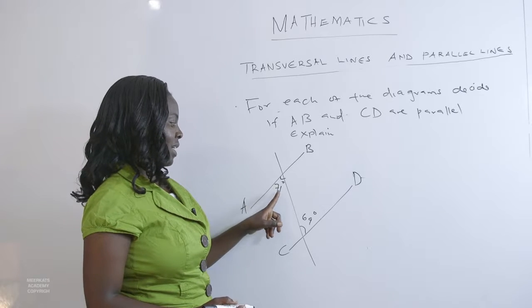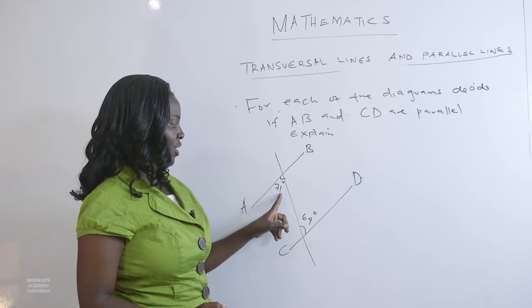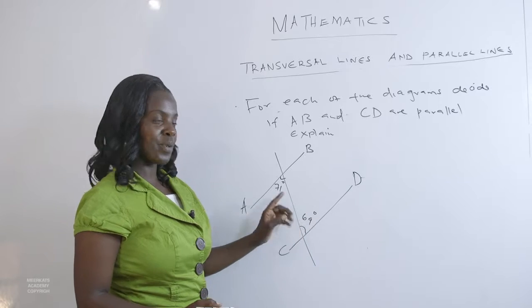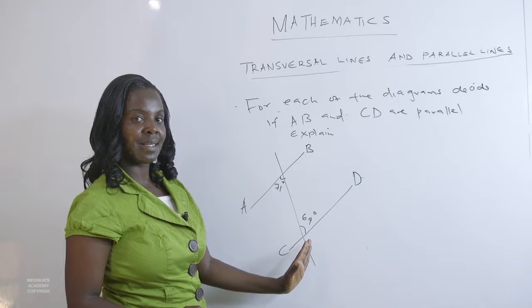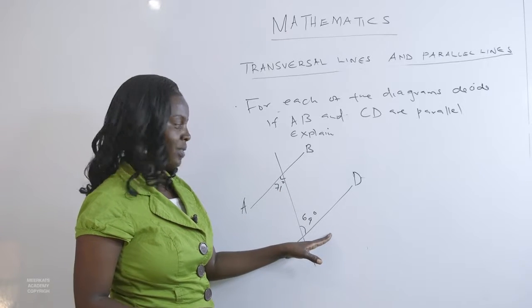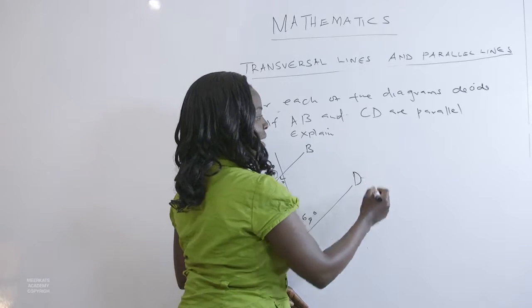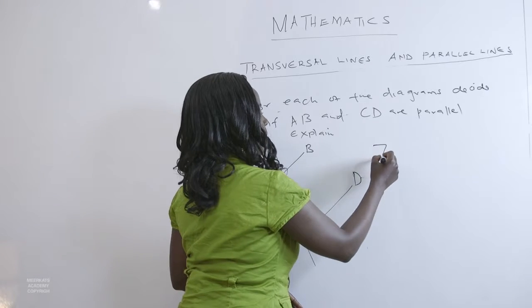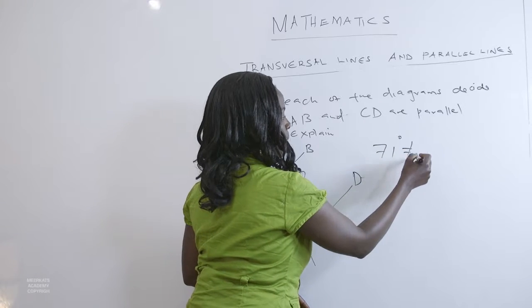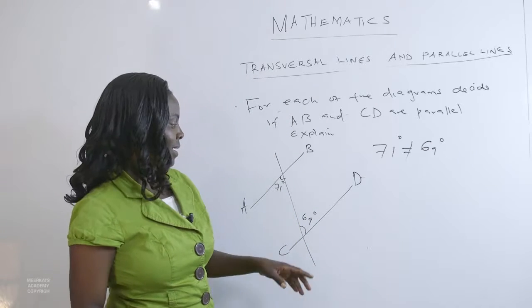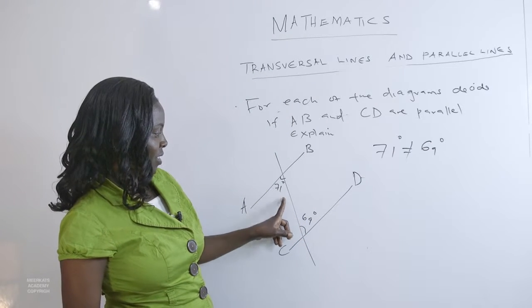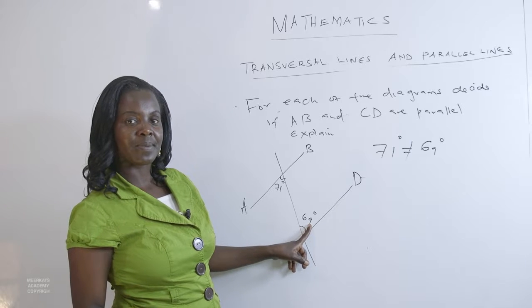Let's look at this angle and this angle here. What is their relationship? The angles are on the opposite sides of the transversal line, and they are alternate angles. We said alternate angles are equal. For our case, 71 is not equal to 69.